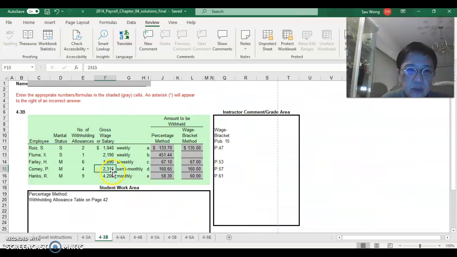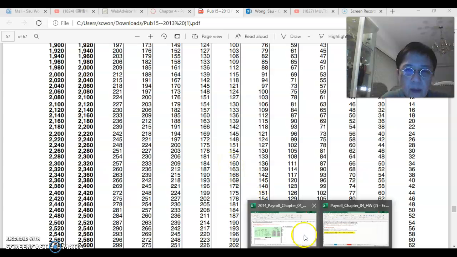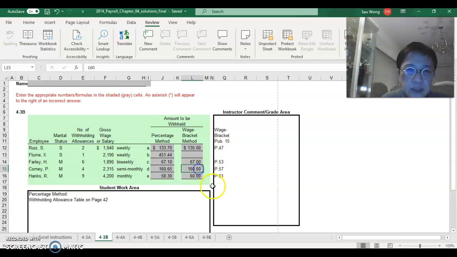For 4 withholding, 2,315 is between 2,300 and 2,320. 0, 1, 2, 3, 4: $160. This is the wage bracket method.